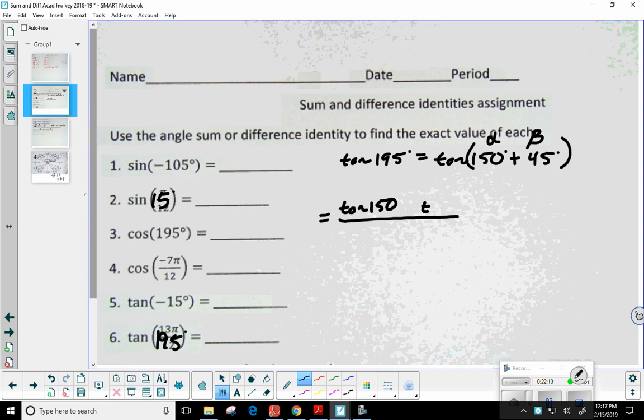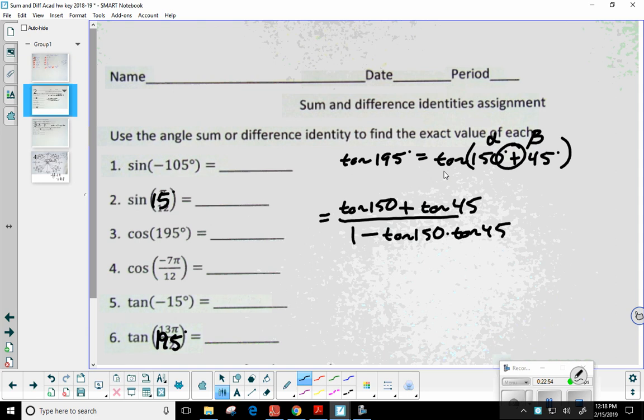Will it be plus or minus? Plus. Remember, whatever operation you choose to use for tangent, you keep the same operation above, but below, that's when you change it. So down here, it would be 1 minus, what am I going to put there? Tangent 150 times tangent 45. There we go.